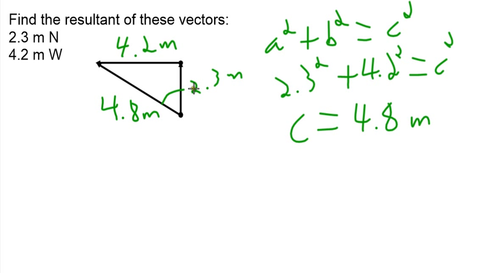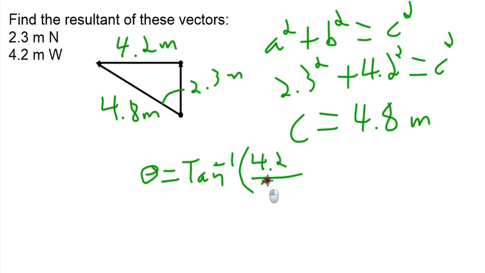And now, with the way I've drawn my angle here, I'm using north as my frame of reference. I'm measuring west of north. And so, let's use our inverse tangent function to find our angle. So theta is equal to the inverse tangent of opposite over adjacent. So that's going to be 4.2 over 2.3.